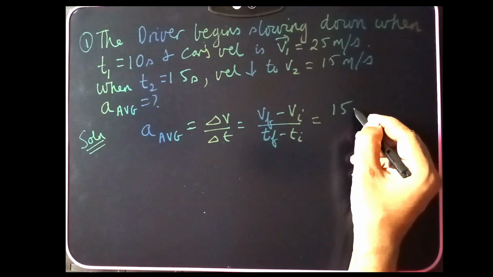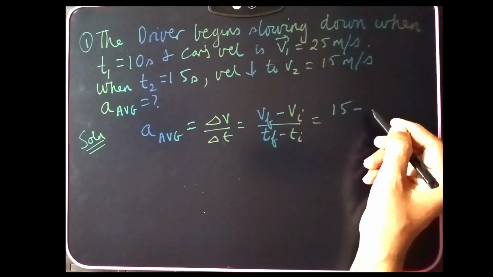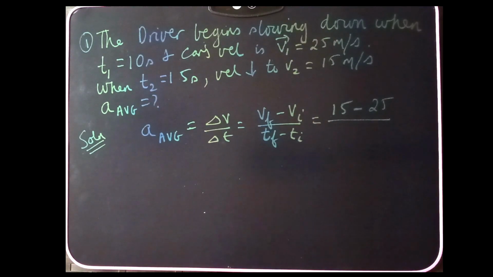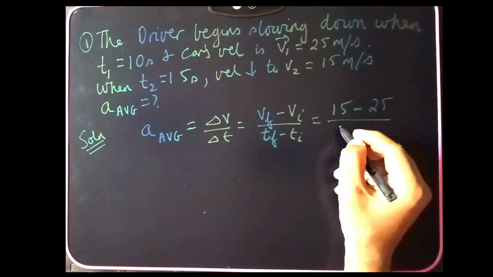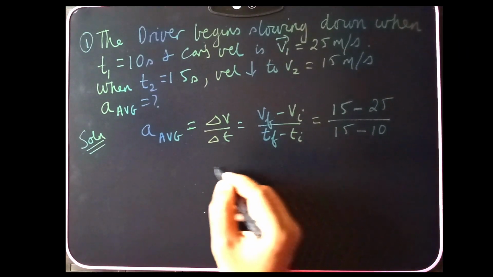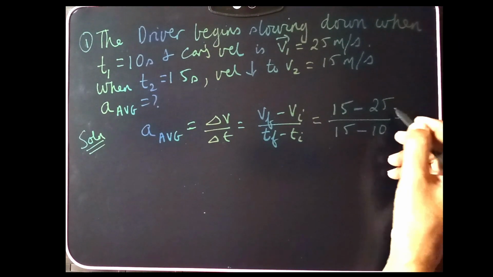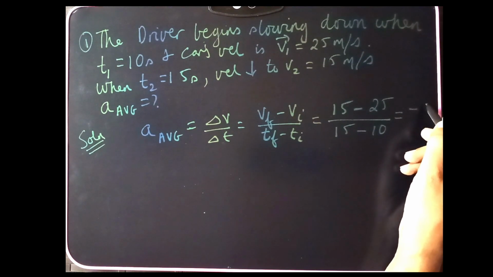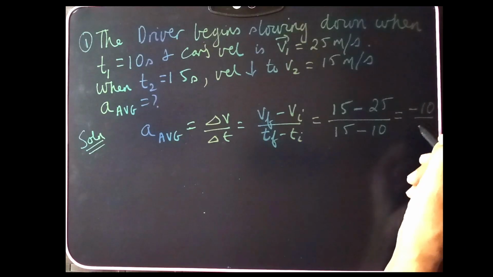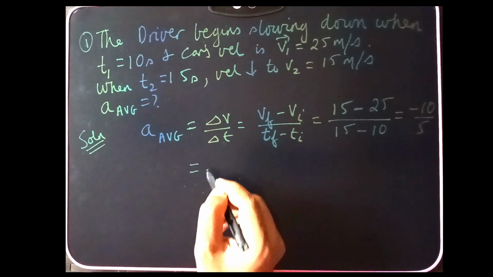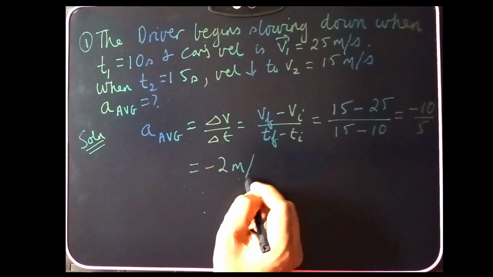So positive final velocity, minus the initial velocity of 25, divided by the change in time, final time of 15 seconds minus 10. This will give us minus 10 by 5. What will we get? We will get minus 2 meter per second squared.